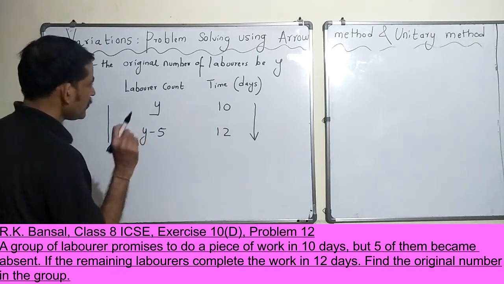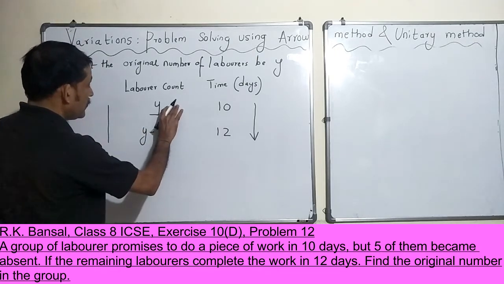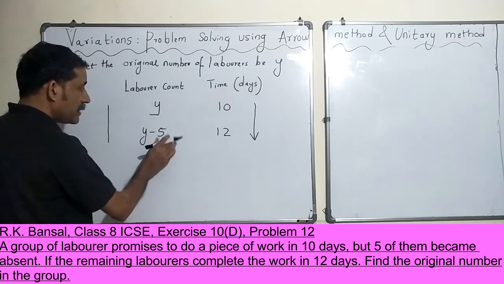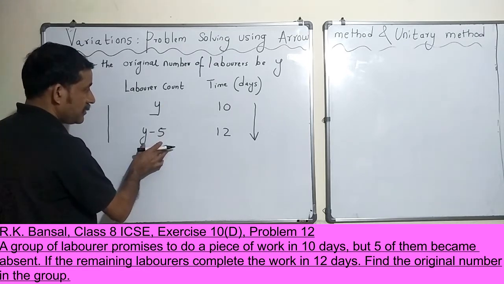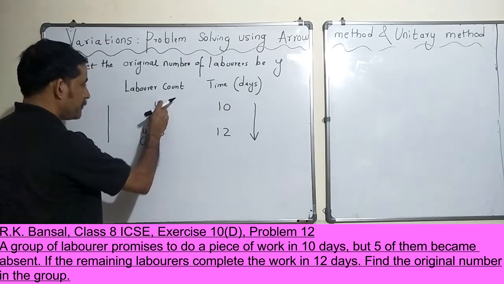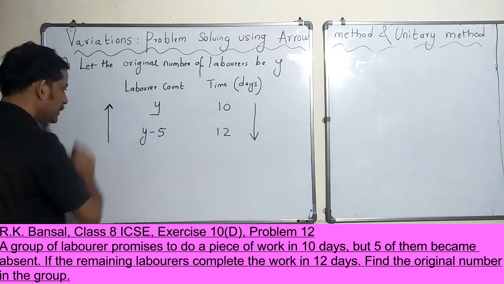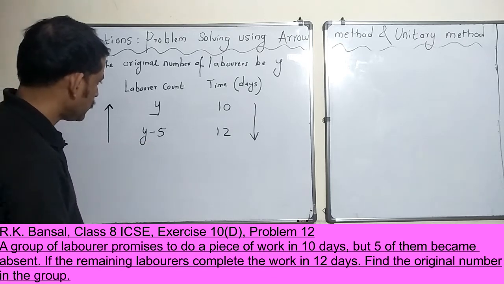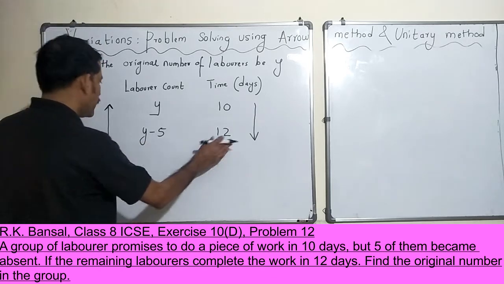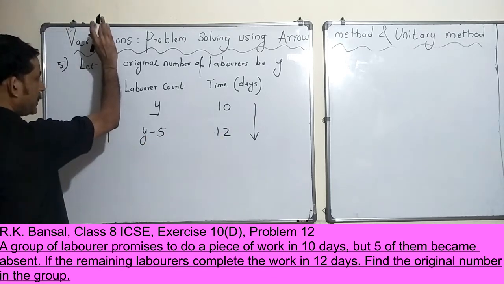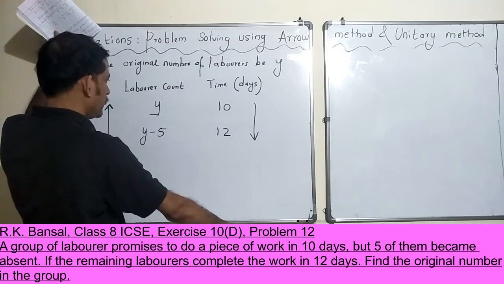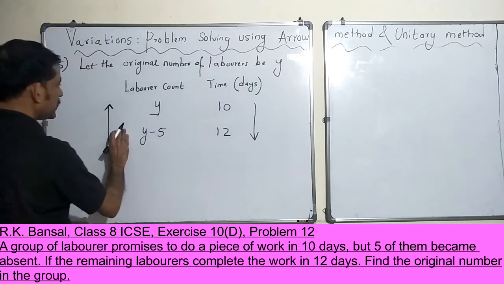Now tell me, in this case, y will definitely be more than y minus 5, because you subtract something from y, naturally y minus 5 will be less. So this arrowhead would be this. Now clearly this is a case of inverse variation, right? One arrow is pointing in one direction, the other is pointing in the opposite direction. So this is a case of inverse variation.